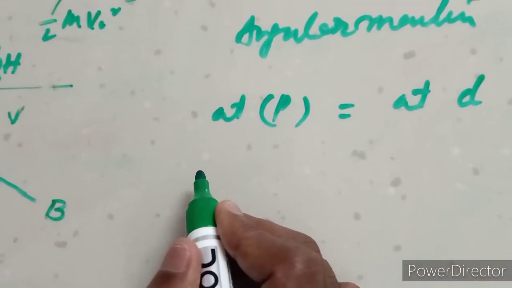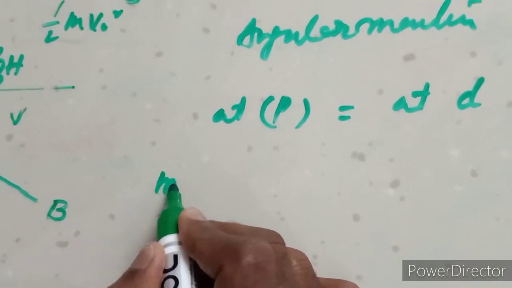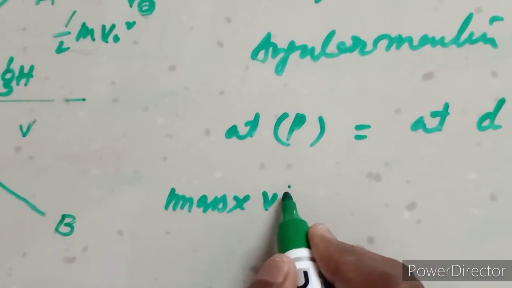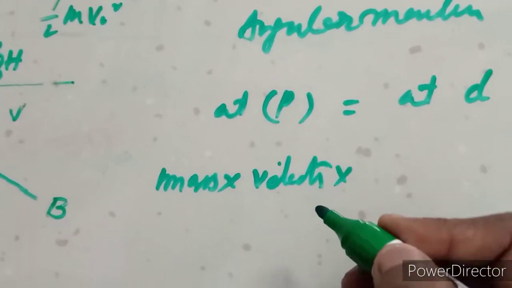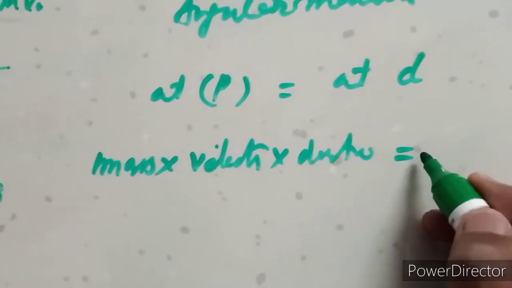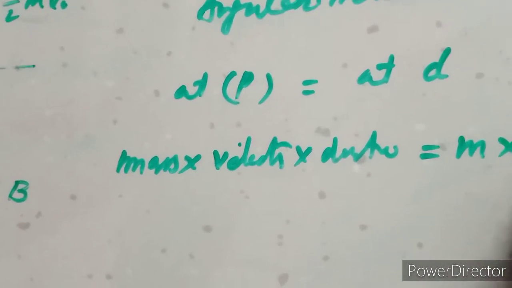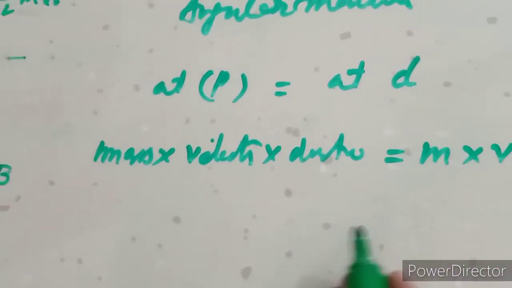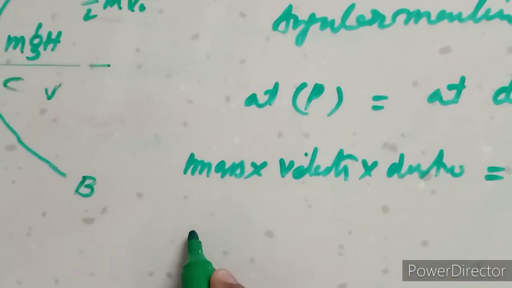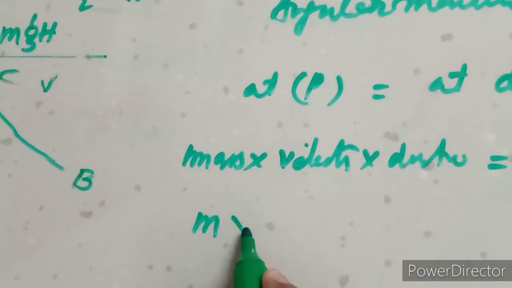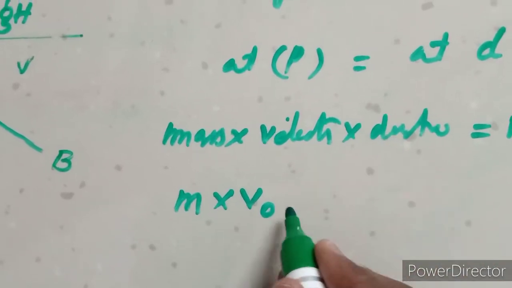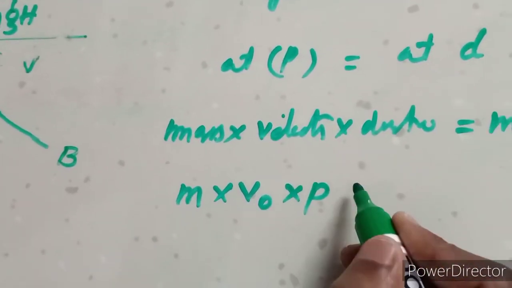The formula of angular momentum is mass times velocity times distance. At the impact parameter, the mass is the alpha particle mass m, velocity is v naught, and distance is the impact parameter p.